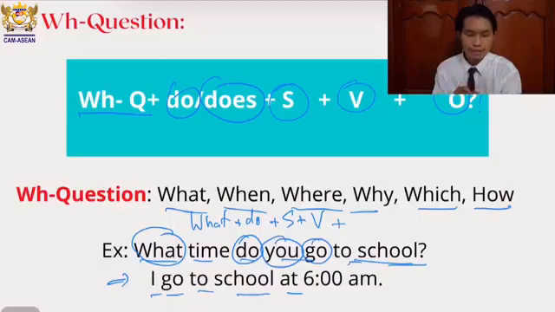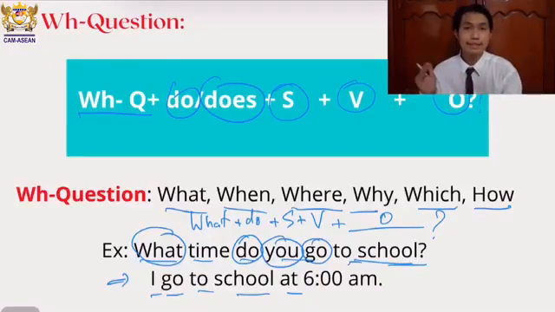So what, followed by do, followed by the subject, which is you, followed by the verb go, and then continue with the object and question mark. See? When you want to write a sentence, you need to follow the structure. And when it is a WH question, you answer in an affirmative sentence structure.